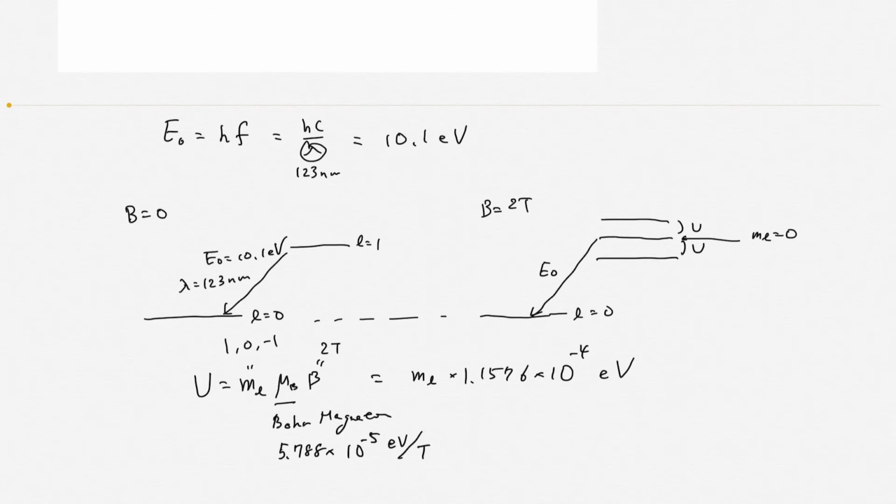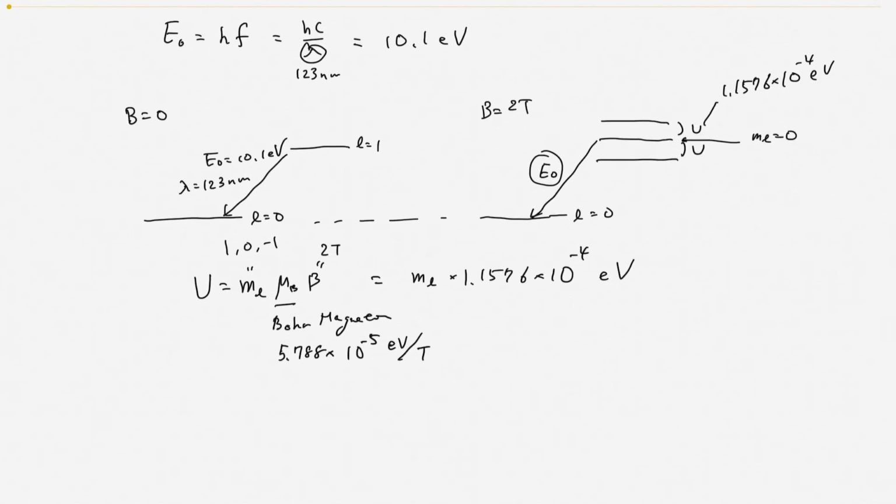So this is U. U is going to be 1.1576 times 10 to the minus 4 electron volts. Compared with E sub 0, this quantity is much smaller. The question asks to determine the shift in the energy levels. The shift of the energy level is this U.